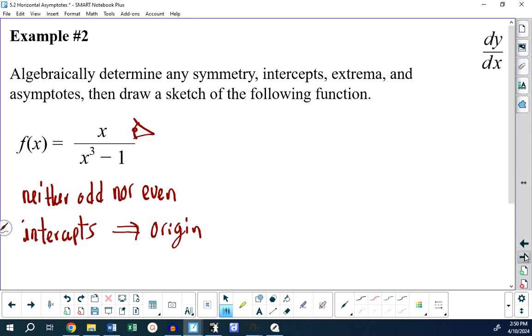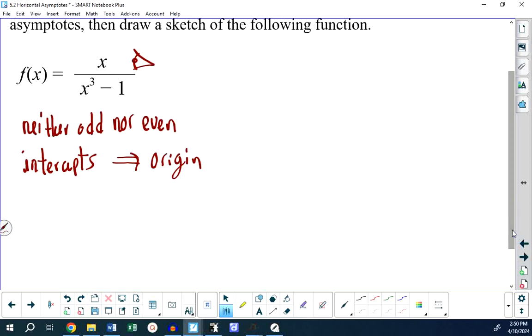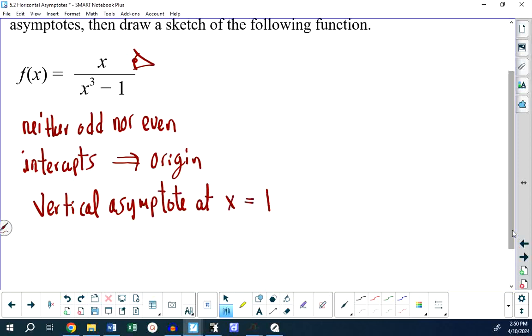You can't have an x-intercept of 0, but not a y-intercept of 0, or vice versa. So we know the intercepts. There is a vertical asymptote at x equals 1. And when I do the vertical asymptote, I am looking at the denominator, right?